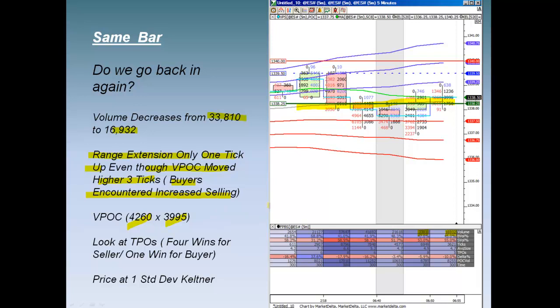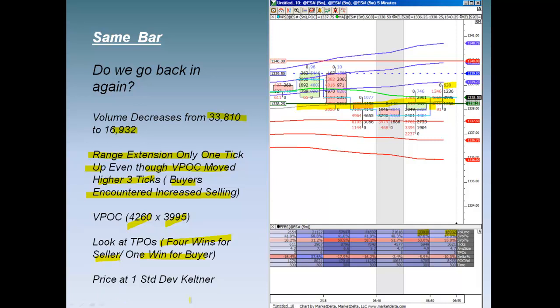Let's take a look at the actual wins and losses in terms of prices. If you take a look at the red levels here, 1, 2, 3, 4. So I have 4 wins for the seller and just 1 win for the buyer.